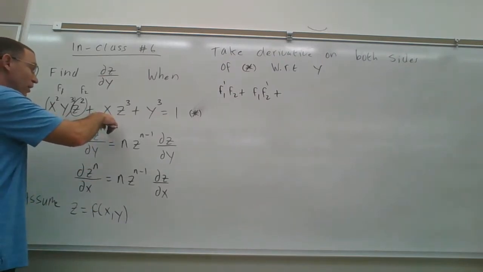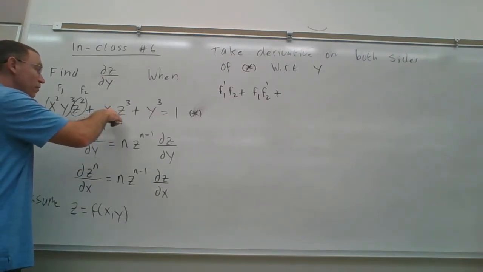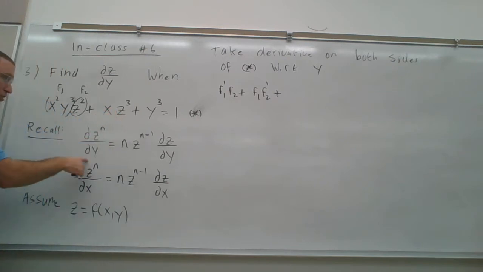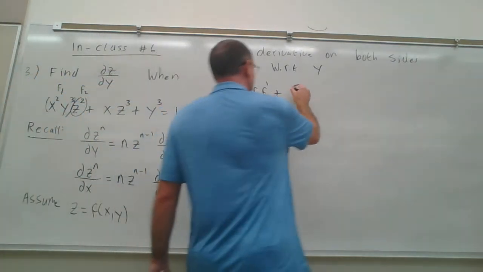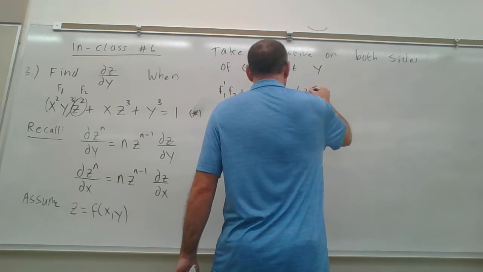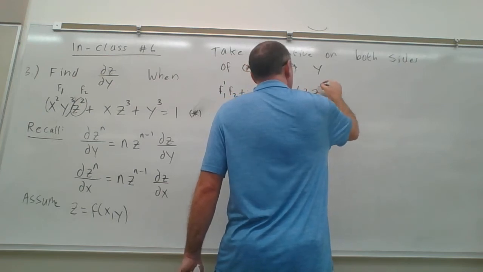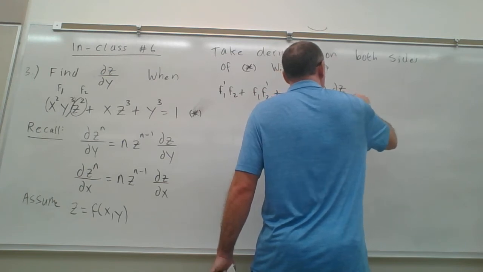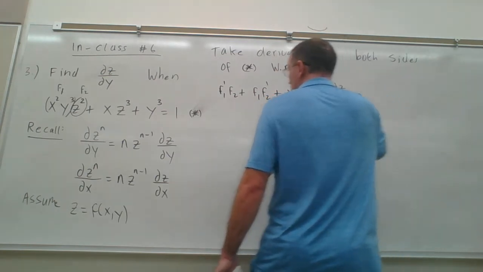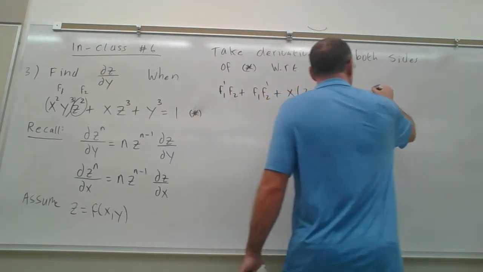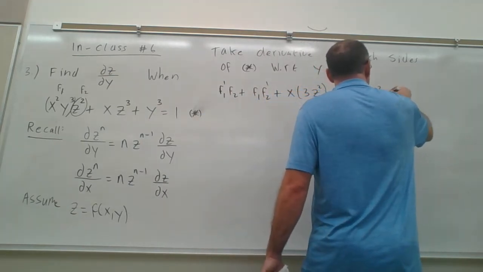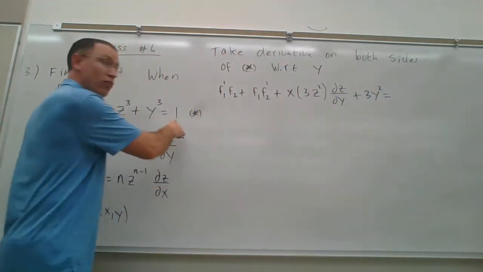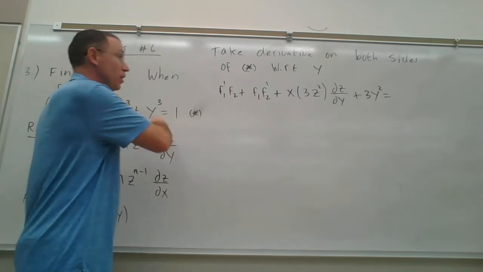So x is a constant here, but the derivative of z cubed with respect to y, using this, would be 3z squared times partial z with respect to y, plus this is just 3y squared, and on this side, the derivative of 1 would be 0.